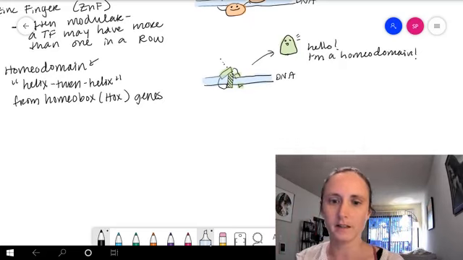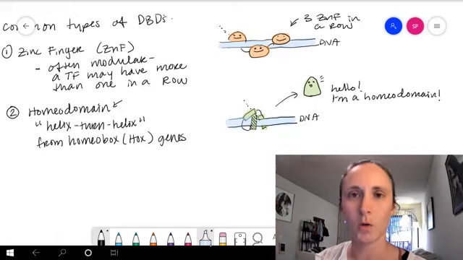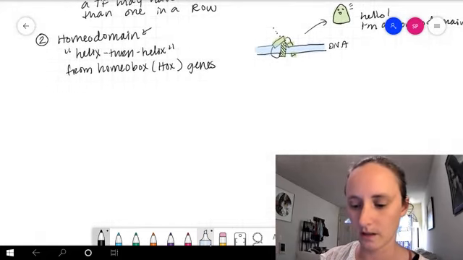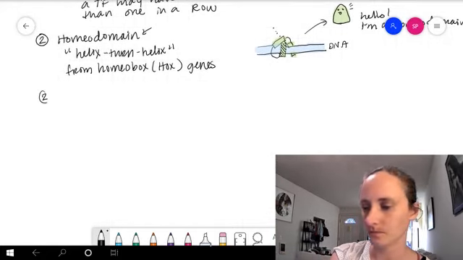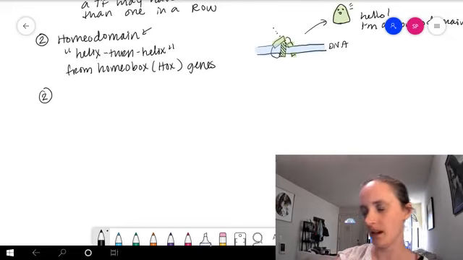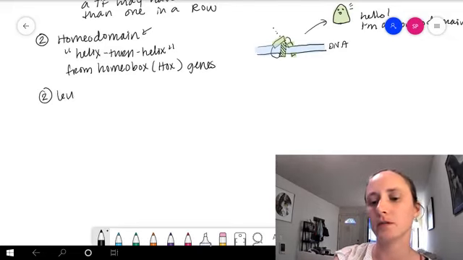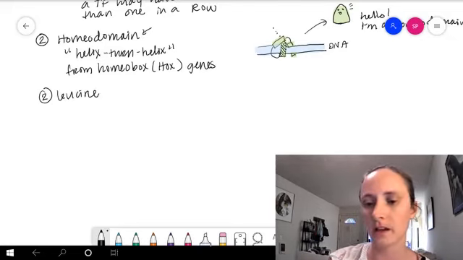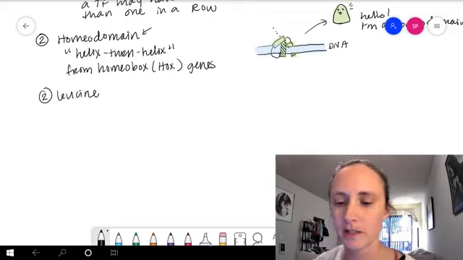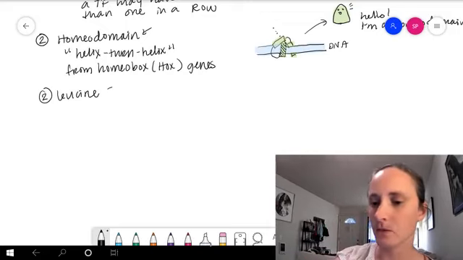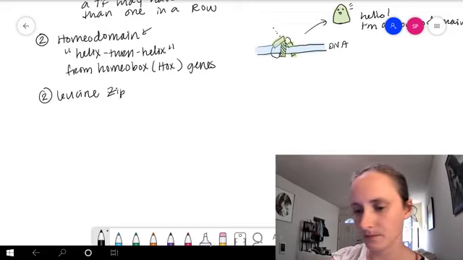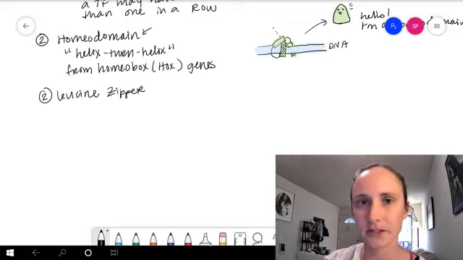All right, excellent. So zinc finger, homeodomain, 2 more that I'd like to mention. Next one has the best name. It's a leucine zipper. You may recognize leucine as one of your amino acids. This is what it is, named after the amino acid. And there is a zipper quality to it.